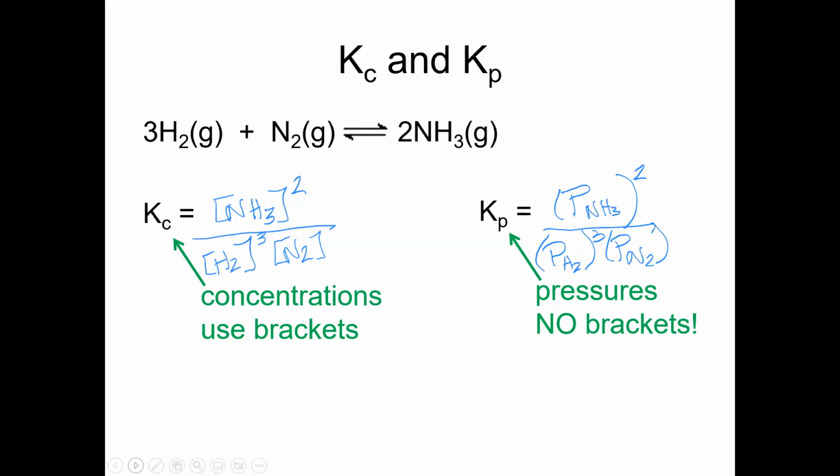All other rules still apply, that if there is a coefficient, it now becomes the exponent. So let's flip over, and I'm going to look at an example. It's experiment 3 in your graphing equilibrium activity, so you can see how this applies.